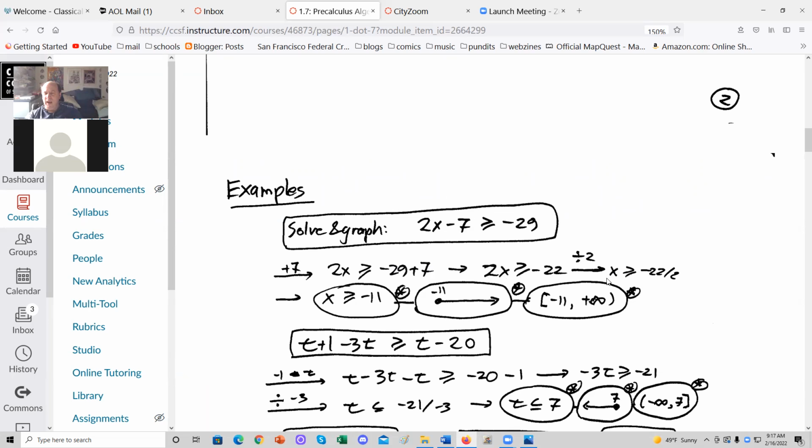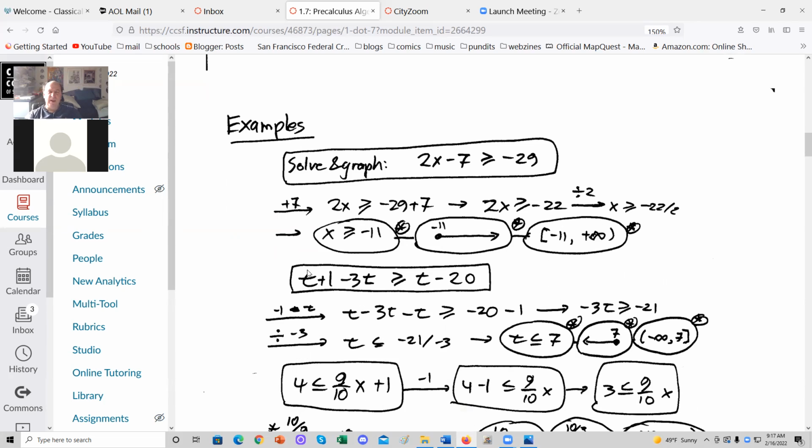We get x on the left, and on the right negative 22 over 2. So in other words, x is greater than or equal to negative 11. Its graph is this half line, including negative 11 and everything to the right of it. The interval notation is square bracket negative 11 to positive infinity round bracket. Here's the solution and graph of the inequality.